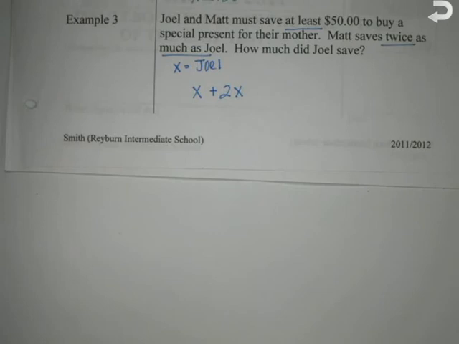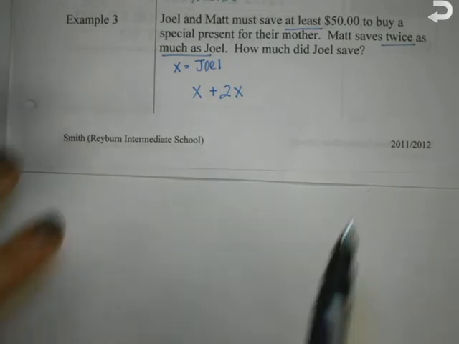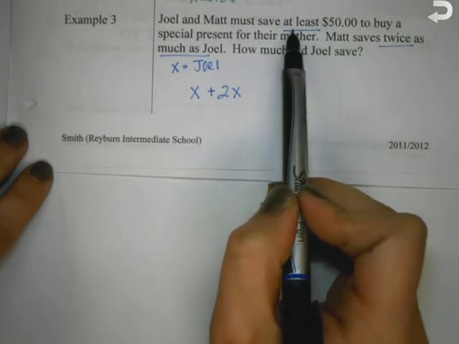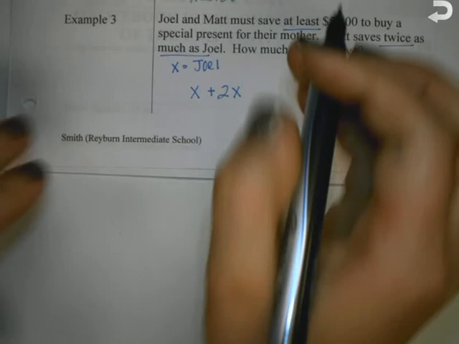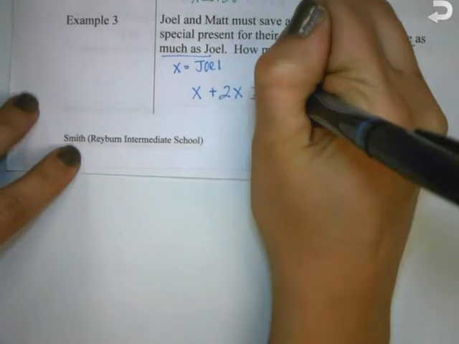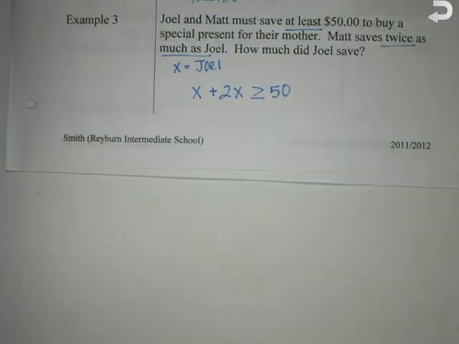is not equal, oh, hold on, we have to finish, at least $50. So which inequality is that? Greater than or equal to 50. So they need at least $50. Okay, so let's finish solving. X plus 2X? 3X.